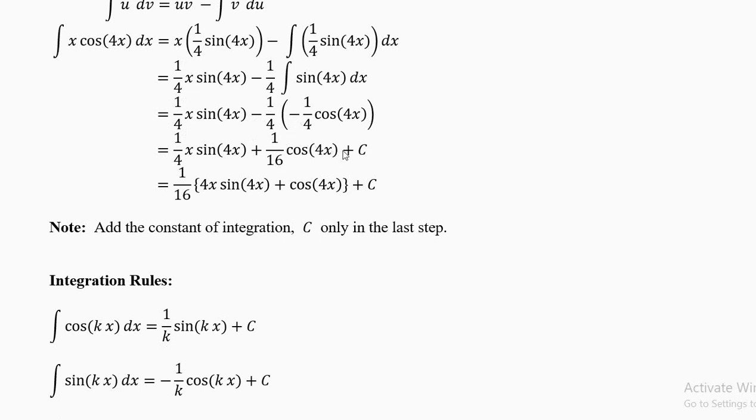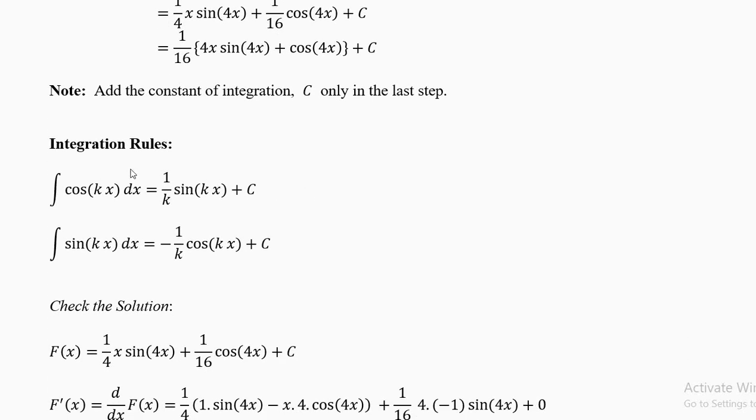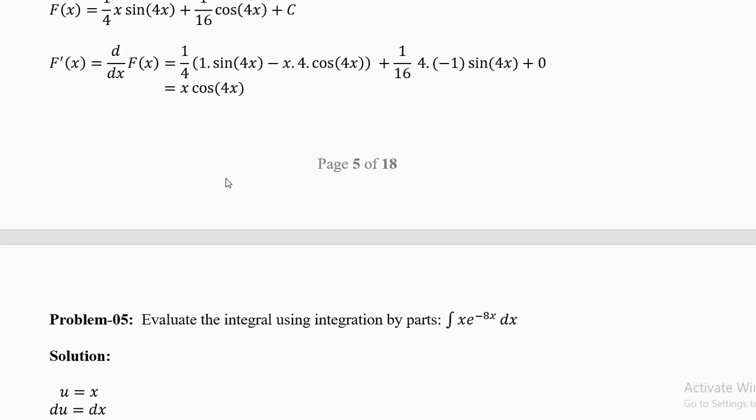Minus into minus is plus, plus c. Now we have to do some algebra and write it as 1 over 16 bracket 4x sine 4x plus cosine 4x bracket close plus c. The rules of integration of cosine and sine are given here for your convenience, but you have to remember them. Again, check the solution by differentiation.